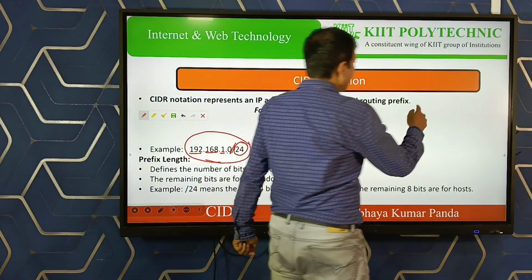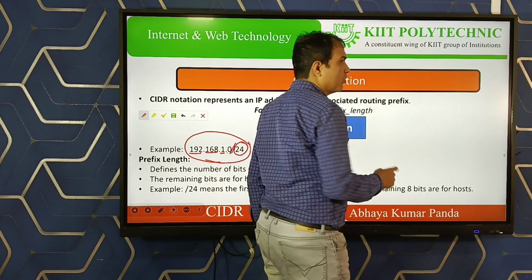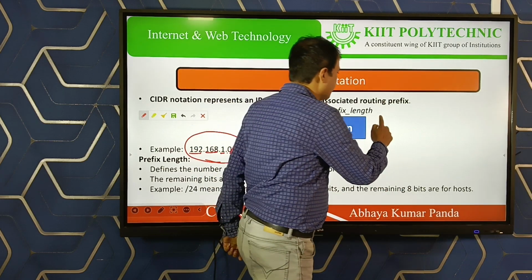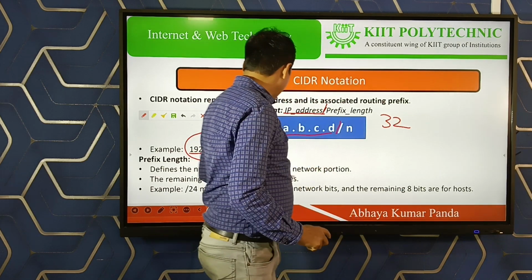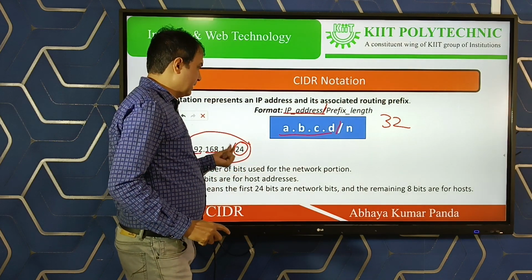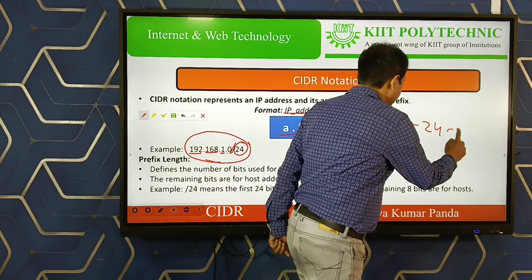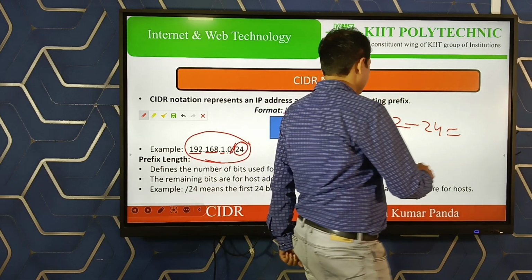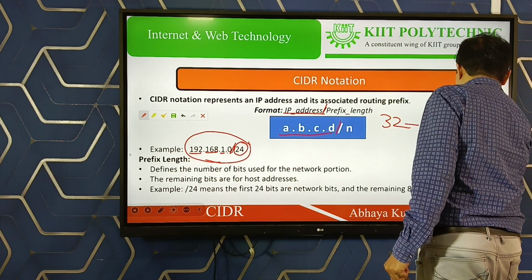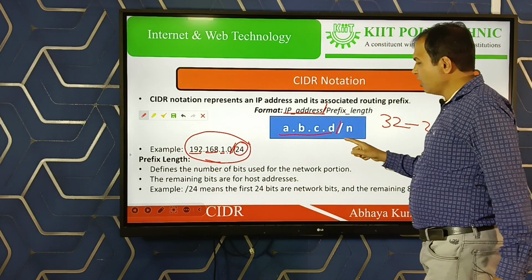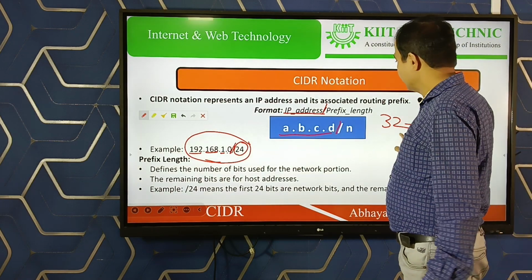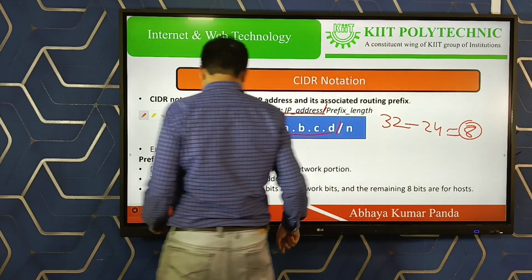In IPv4, the total length is 32 bits. Here we are using 24 bits for the network ID. The remaining 8 bits are used for the host ID.